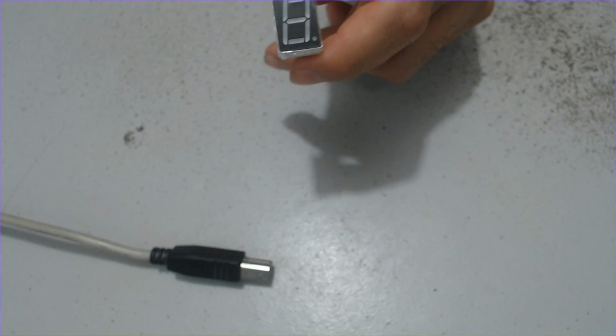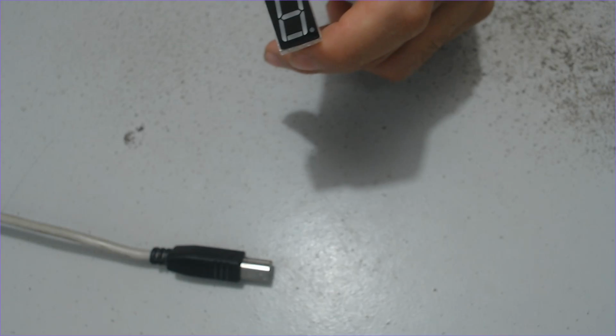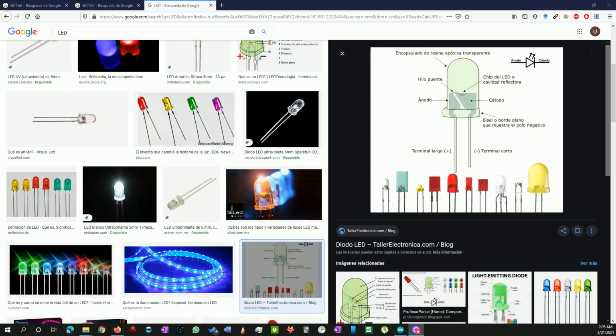So first of all, you need to understand that we may be able to produce LEDs in a lot of presentations. They can be small, they can be really big, they can be square, they can be in a line like this.